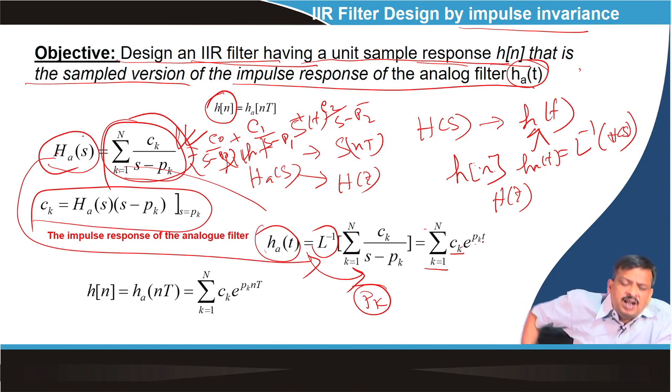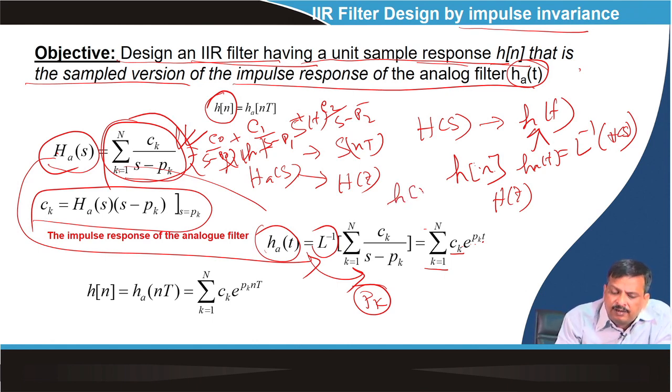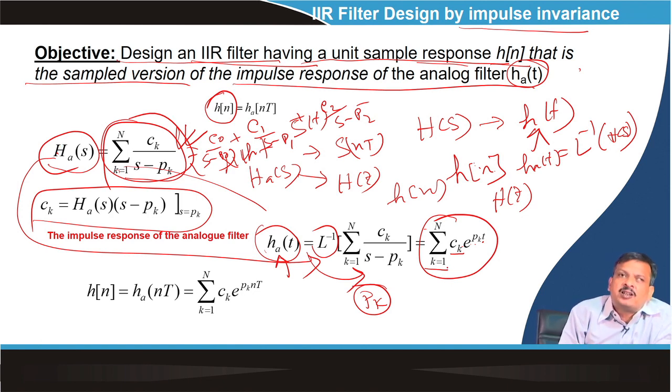Okay. So, now my responsibility is to find out H of n. I know H of t is nothing but the inverse Laplace transform of H of s. So, I take the inverse Laplace transform of H of s and I get this one. Then what is H of n? H of n is nothing but a sampled version of H of t.